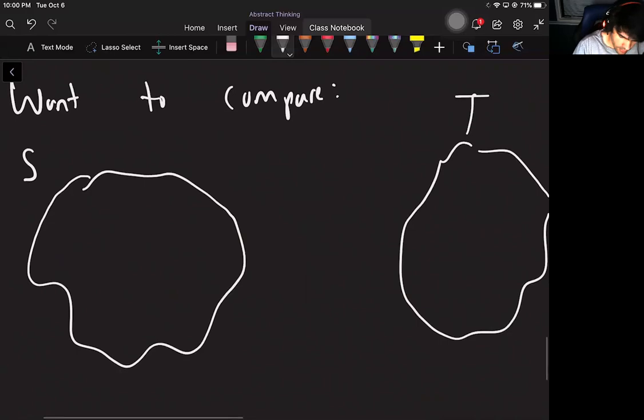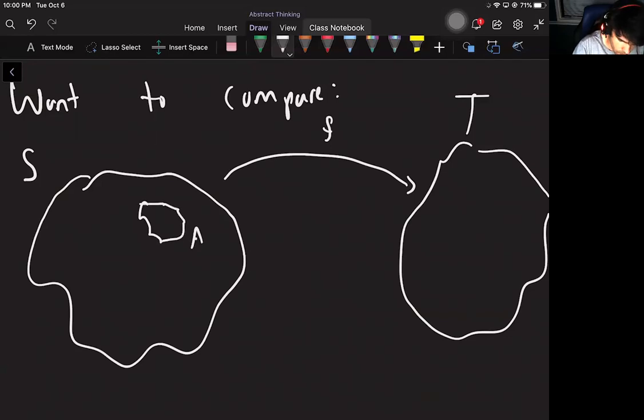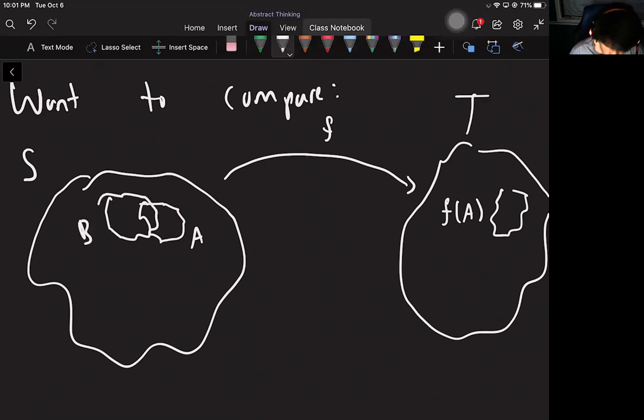So right now we just learned that if I have a function and I have a subset inside of the bigger set, I can send it over and figure out what f of A is. It's just some other set over here now. It's the stuff that all the stuff in A goes to. But then, of course, I can have another subset, and I can send that over too.